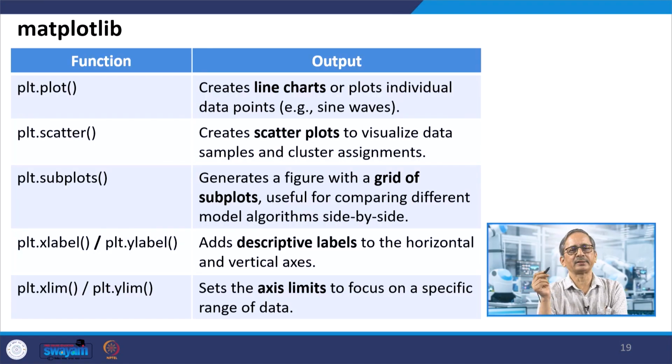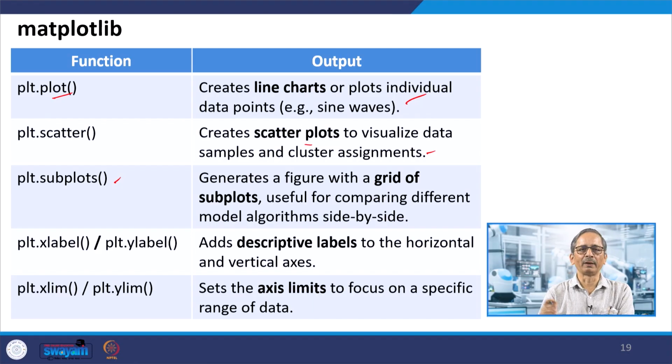So here is a basic summary of the functions and output basically. Here dot plot means basically it will create a line chart or plot individual data points, say sine waves. Then dot scatter will create a scatter plot to visualize data samples and cluster assignments. Dot subplots will generate a figure with a grid of subplots, useful for comparing different model algorithms side by side.